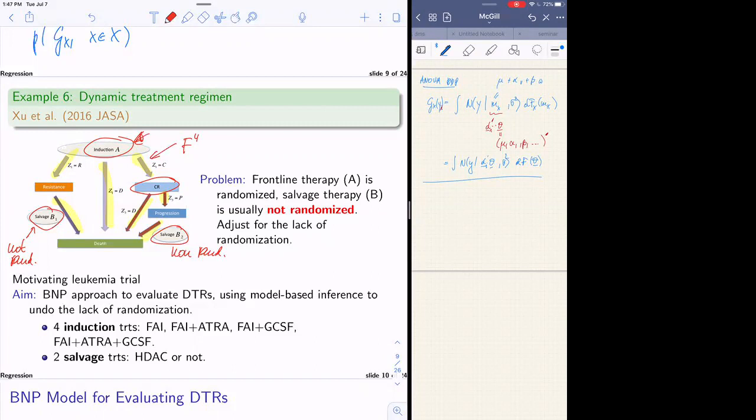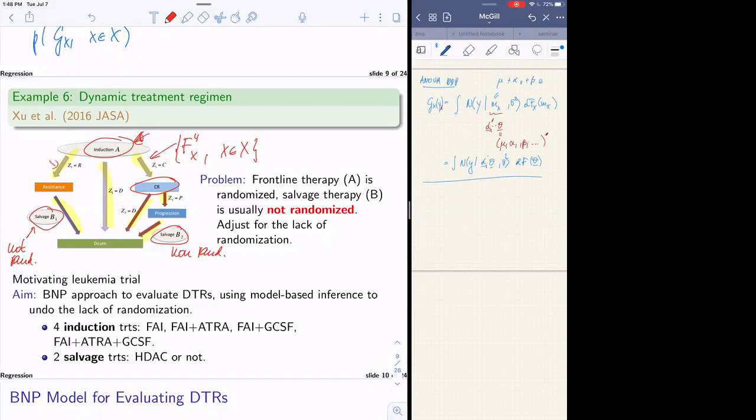The distribution of these transition times will be allowed to depend on covariates. It should certainly depend on the treatment. It might also depend on baseline covariates of the patient, etc. So we need here a prior on these random probability measures, F sub x, for x in some space, like all possible baseline covariates and all possible treatment assignments.